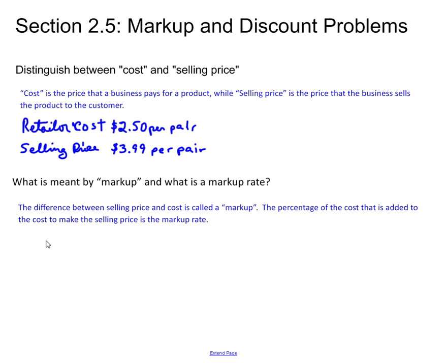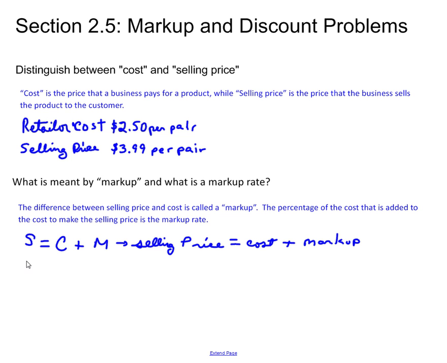If we want to find out what the selling price is, the selling price is equal to the cost to the retailer plus the markup.